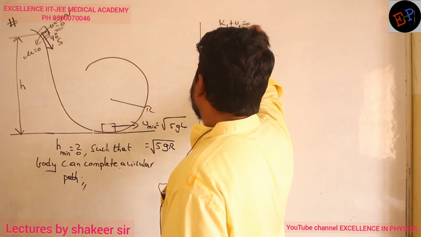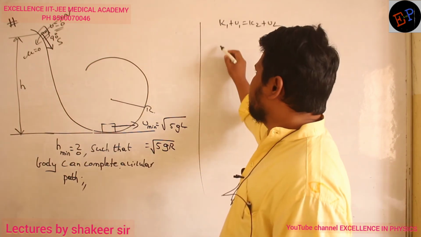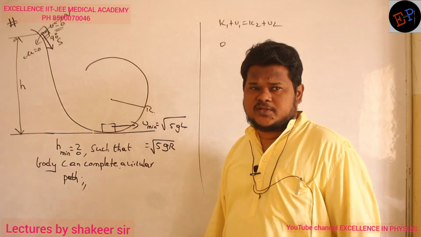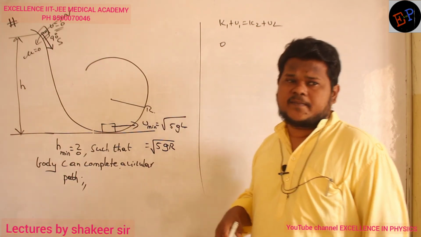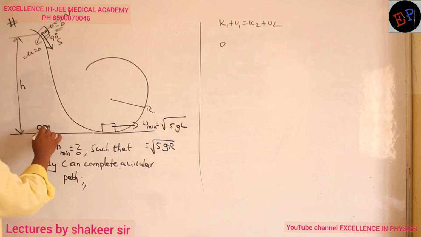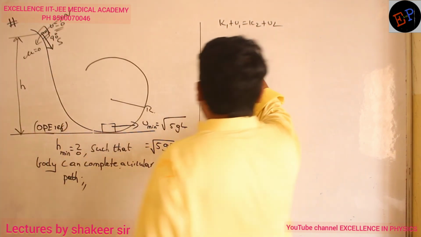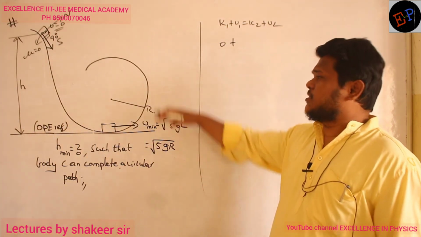So K1 plus U1 is equal to K2 plus U2. Initial kinetic energy is 0, since initially it was at rest. Initial potential energy depends on the reference. I will take the bottommost position as the zero potential energy reference. So initial potential energy is mgh, height I don't know.